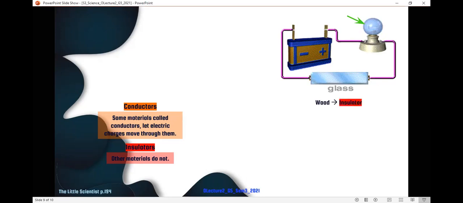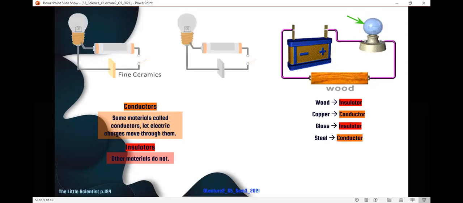We'll use another example. We said wood insulator, copper conductor, glass insulator, steel conductor. Let's take this. Look at the ceramics. Even when I close the switch, the light bulb is still off. So is the ceramic a conductor or an insulator?